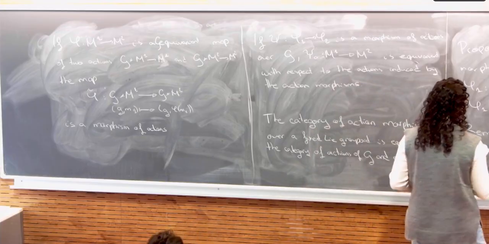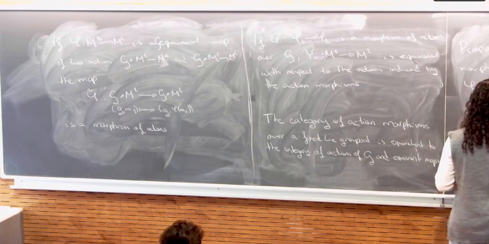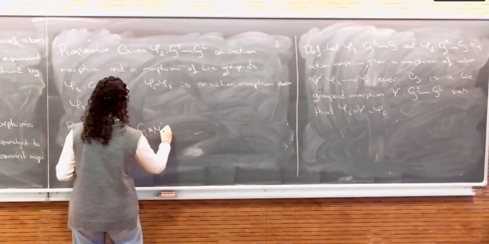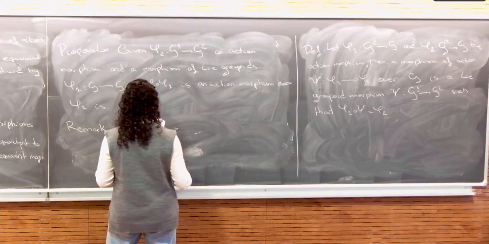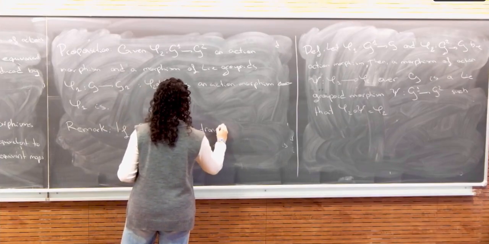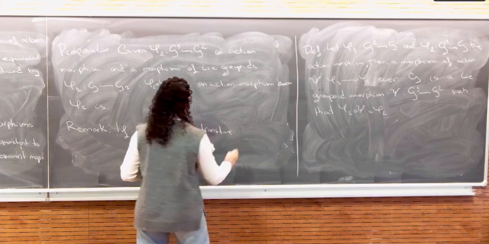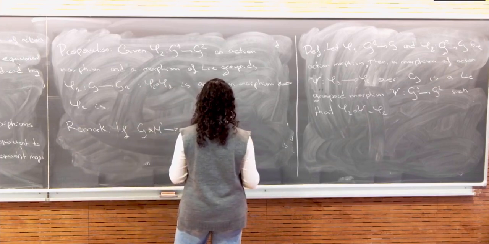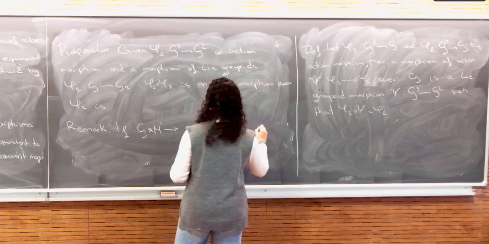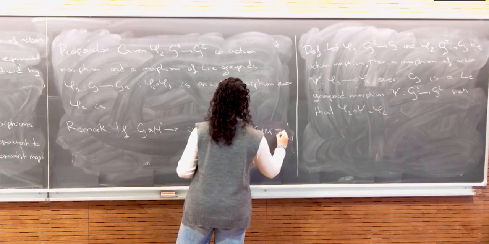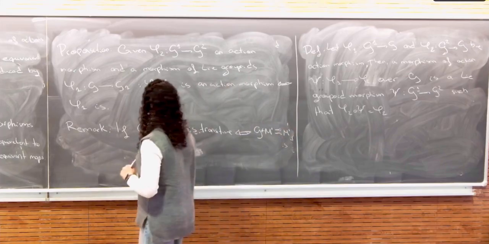So if we have an action that is transitive, this is equivalent to the action groupoid being transitive.